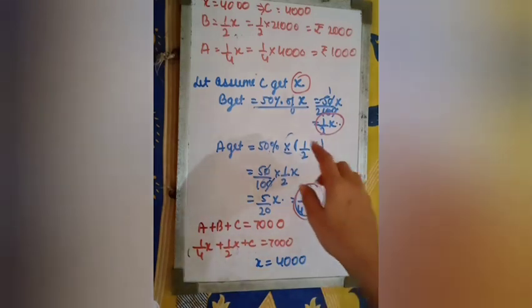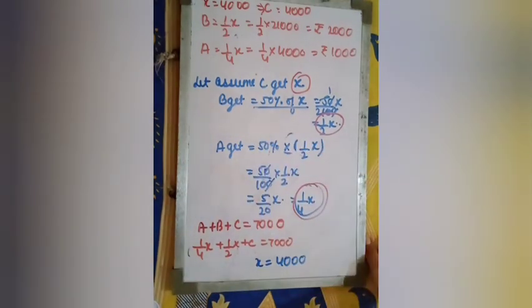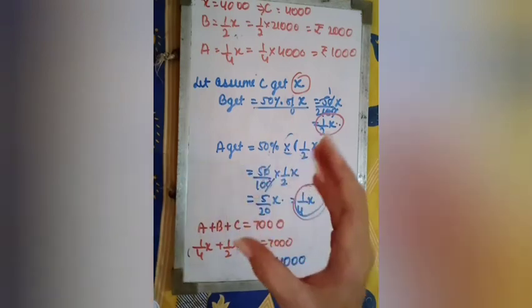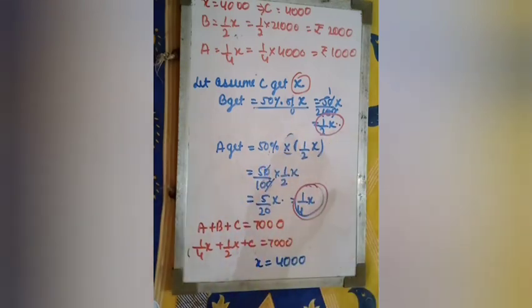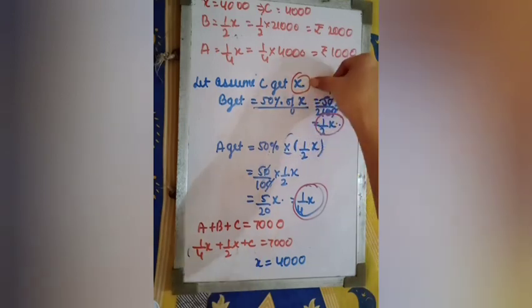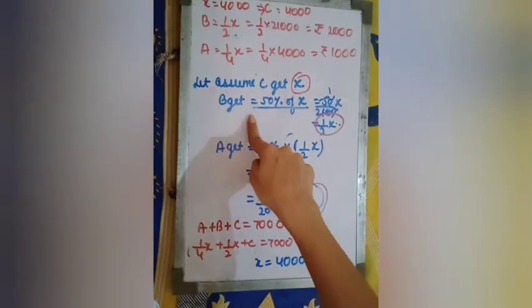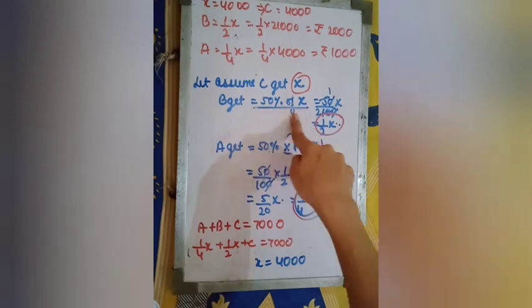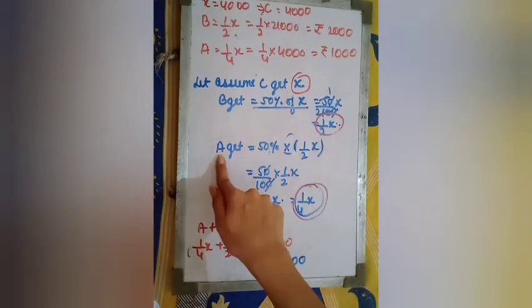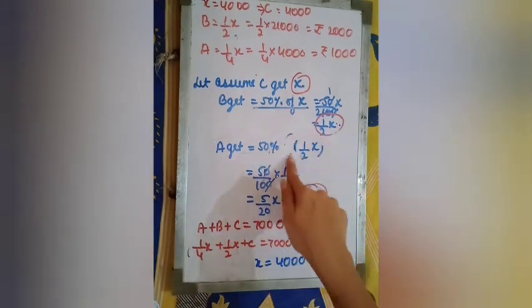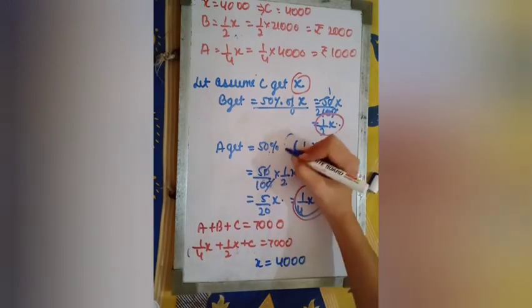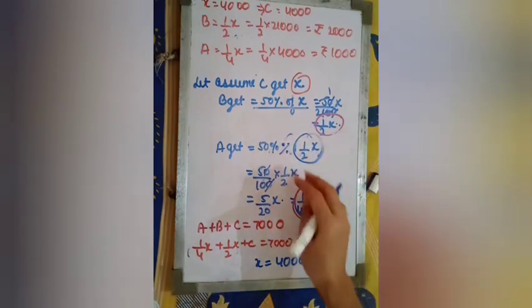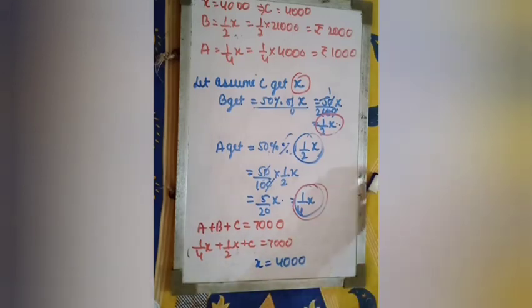ओके, क्या किया हमने, इन्होंने बोला था A get 50% ऑफ B. A को B का 50% मिला और B को C का 50% मिला. सो C को हमने माना X, C को X मिला, B को कितना मिला 50% ऑफ X, 50% ऑफ C. दैट मीन्स ये इसे सॉल्व किया, इट इज 1/2. नाउ A get 50% ऑफ B और B की वैल्यू ये है. सॉल्व इट, इट इज 1/4. नाउ अब इन तीनों को जो अमाउंट मिलेगा दैट विल बी इक्वल टू 7,000.